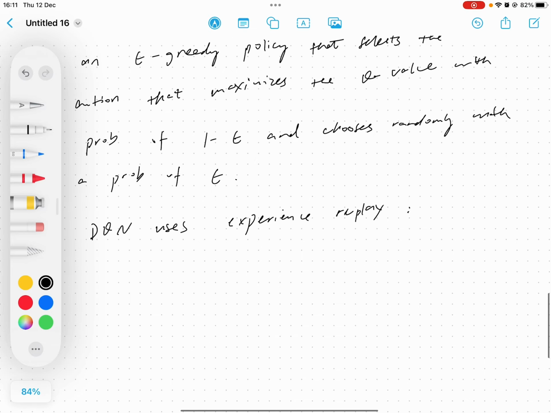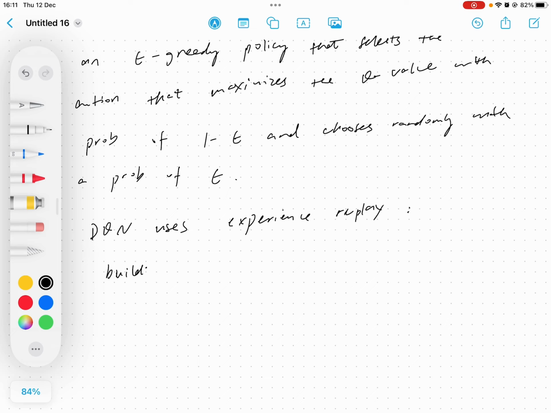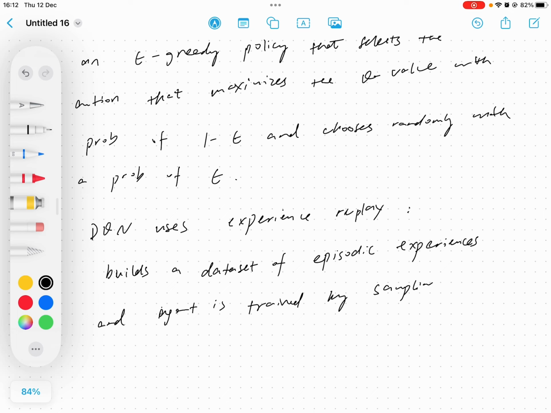During the learning, in the loop of the training, the agent builds a data set of episodic experiences, and the agent is trained by, like we just mentioned, normally uniformly sampling many batches of those experiences.